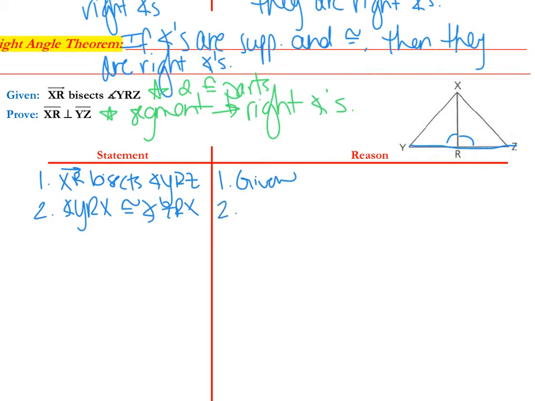Remember, use the previous statement as your if, and then your next statement should be your conclusion. So if a ray bisects an angle, then it divides it into two congruent parts.